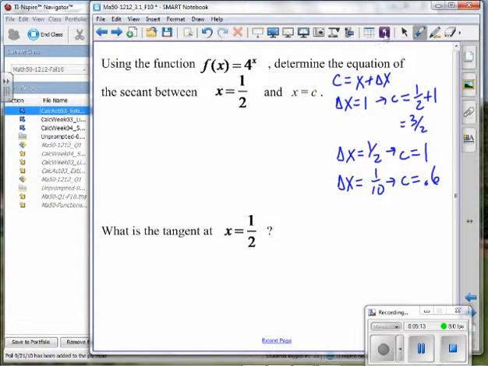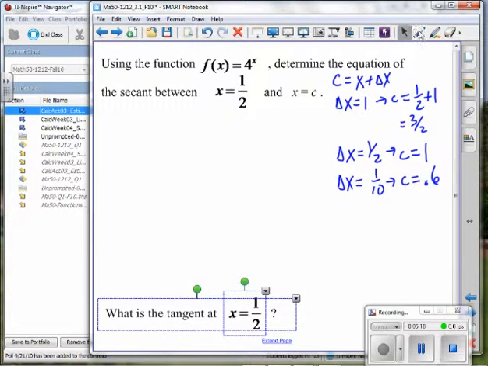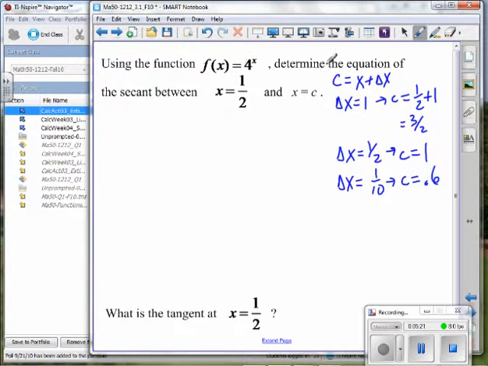Did I have any others? I think I stopped with that. So let's do this. It says determine the equation of the secant between these points. Now, if we're going to do the secant, what two bits of information do I need in order to write the equation of a line? And don't say the y-intercept.